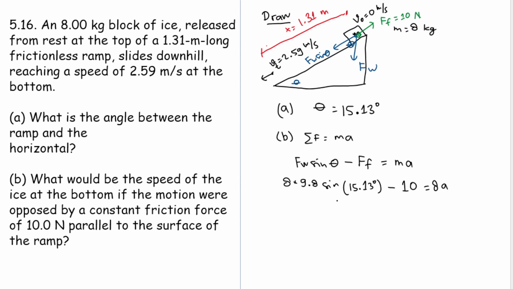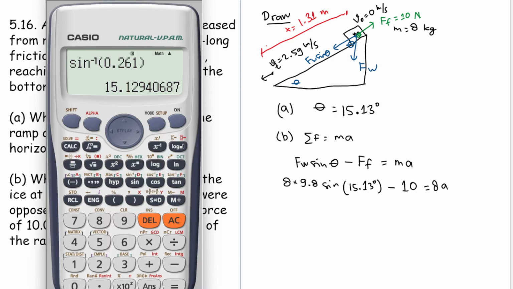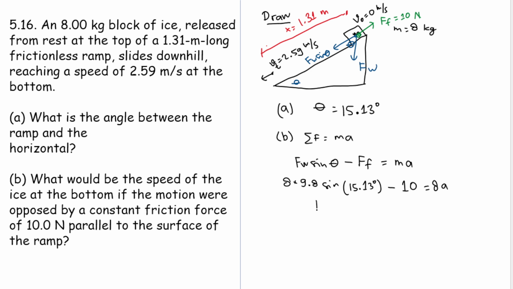Now let's plug that in on the left-hand side. We'll have 8 multiplied by 9.8 and then sine 15.13 minus 10, and on the left-hand side I will have 10.46.